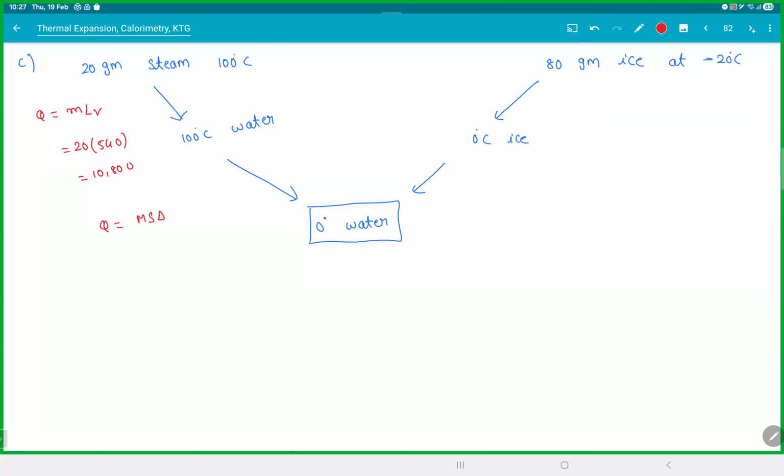Q is equal to ms delta T. I hope you guys are clear when to use ms delta T and when to use M into L. You can clearly see this is water, this is water, so temperature is changing. This is steam, this is water, there is a phase change. This is 20 into 1 into 100, which is 2000.